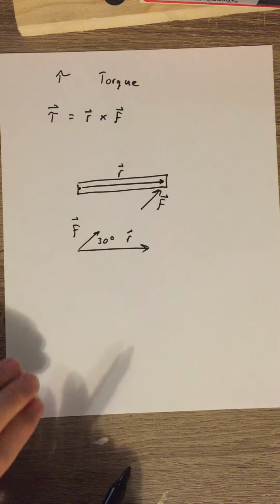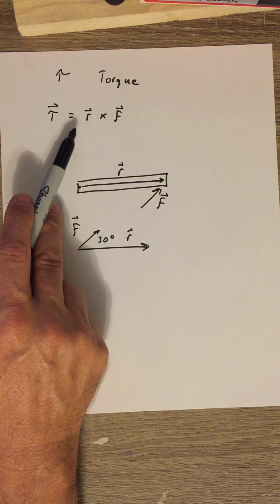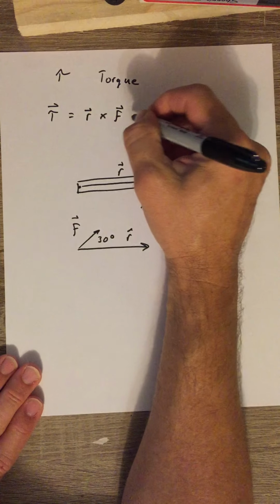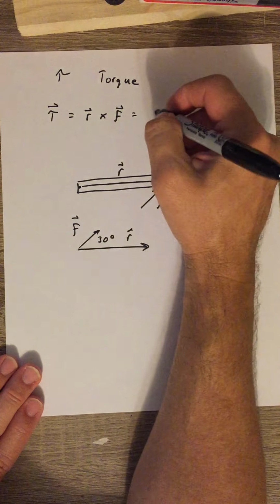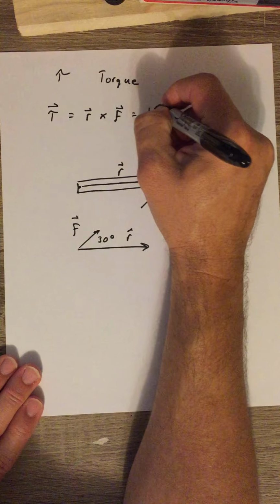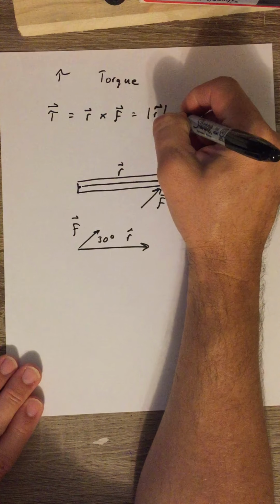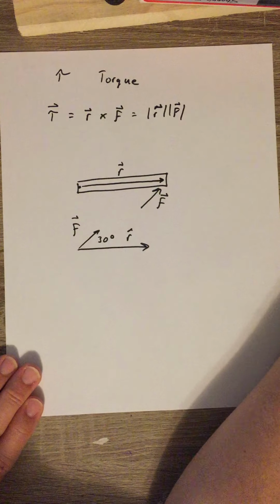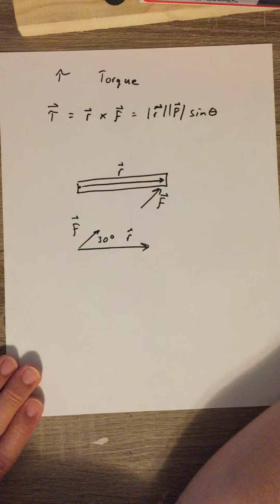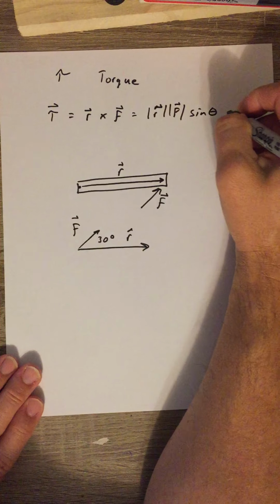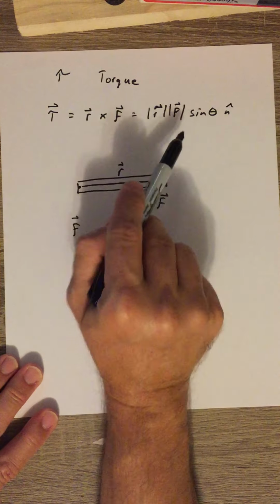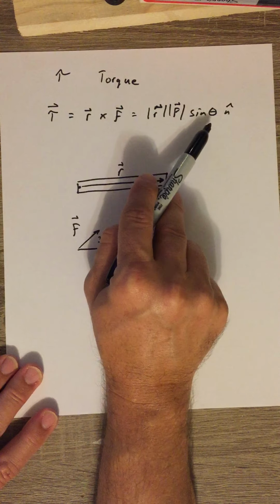And that actually turns out to be important, because if I'm calculating the torque as R cross F, just a reminder of what the cross product means, it's the magnitude of R times the magnitude of F times the sine of the angle between them. And then there's a normal vector. We'll talk about the normal vector in a second too, but right now let's talk about this sine of the angle between them.